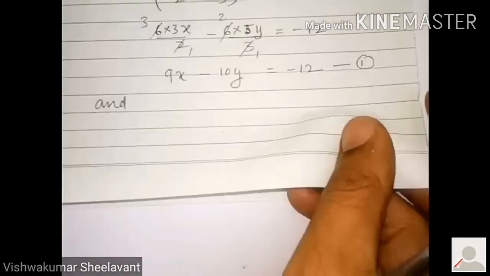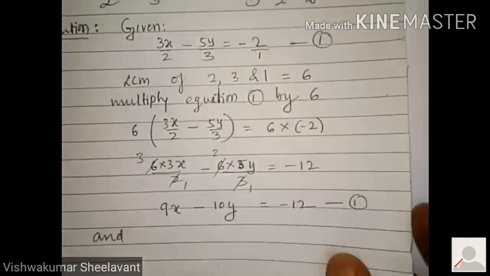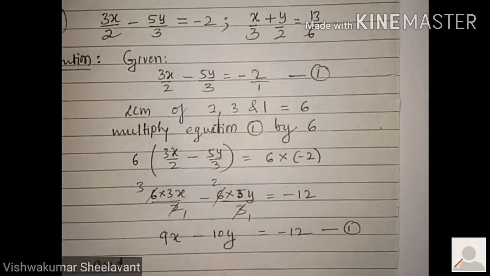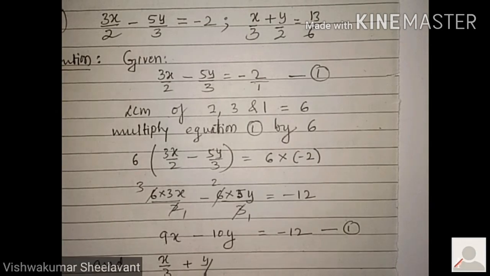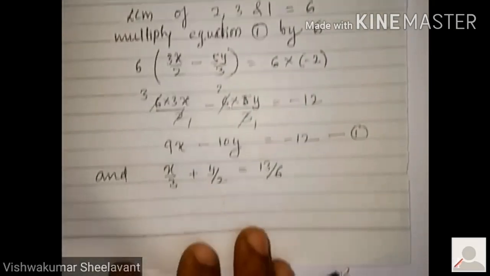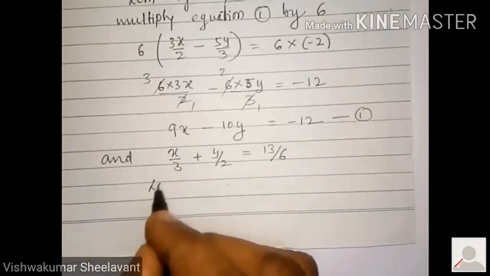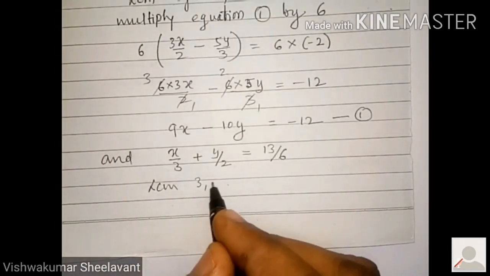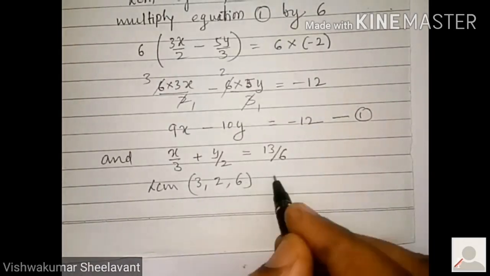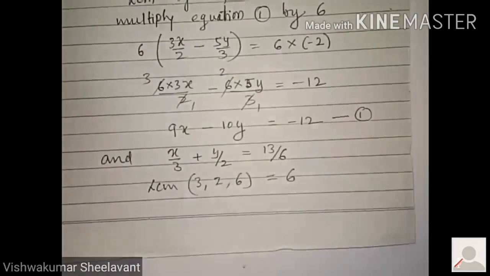And now consider the second equation. x by 3 plus y by 2 equal to 13 by 6. LCM of 3, 2 and 6 is 6 only.